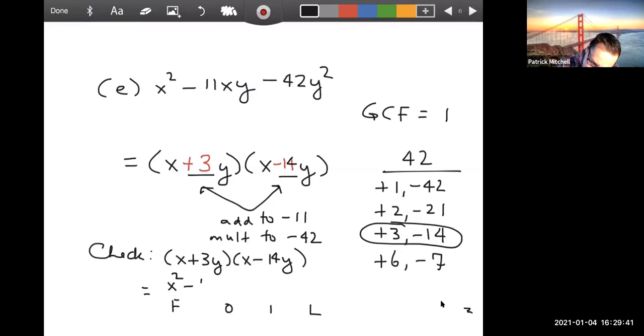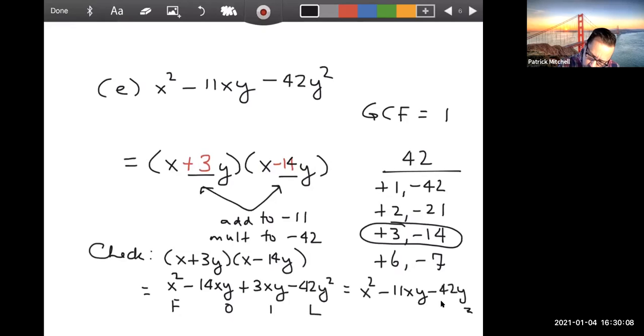Minus 14xy plus 3xy. And then 3y times minus 14y is minus 42y squared. And when you add your like terms, you get negative 14 plus 3 is negative 11. So x squared minus 11xy minus 42y squared. Woohoo!